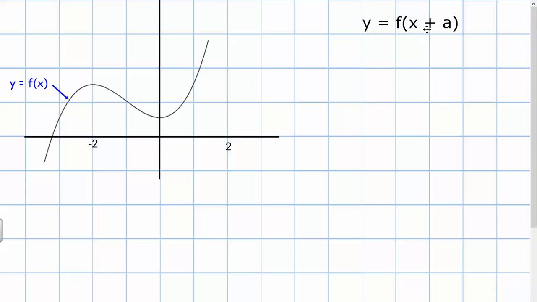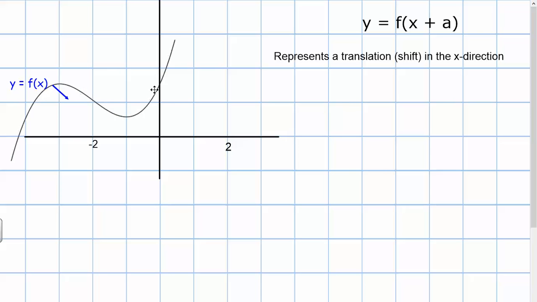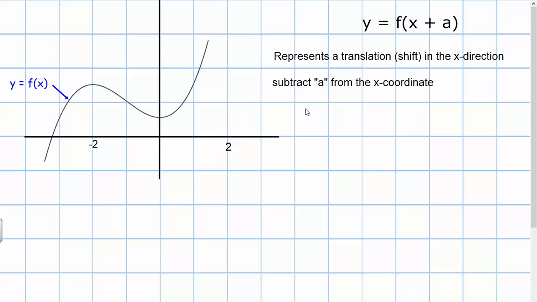So f of x plus a represents a translation or a shift in the x direction. So if a is positive, it moves to the left, and if a is negative, it moves to the right. And what we do is we subtract a from the x coordinate.